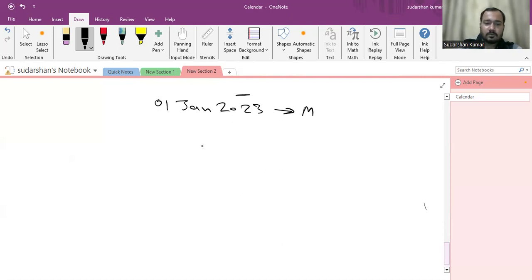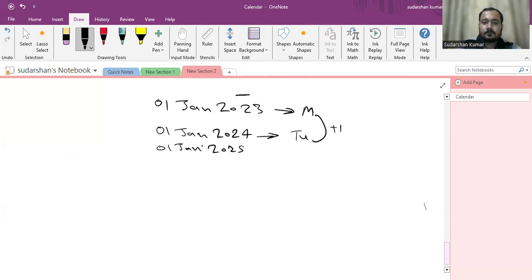So from 1 January 2023, we will go to 1 January of the next year and continue this process. There is a gap of 365 days. So here we add 1. So the day will become Tuesday on 1 January 2024.